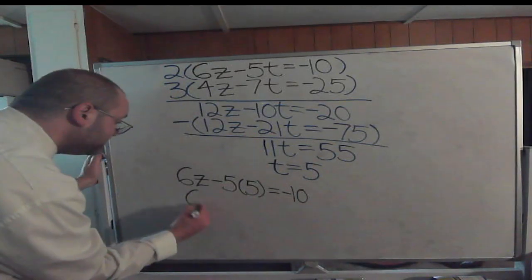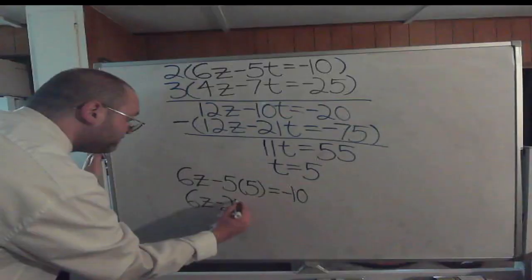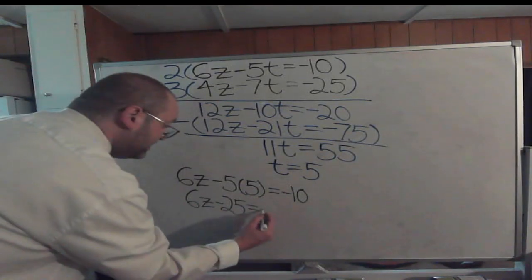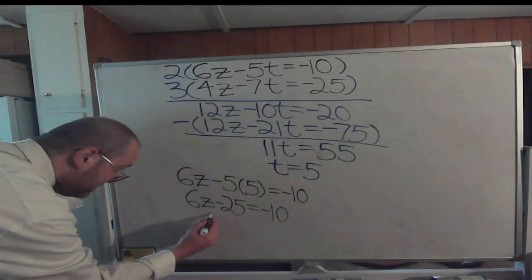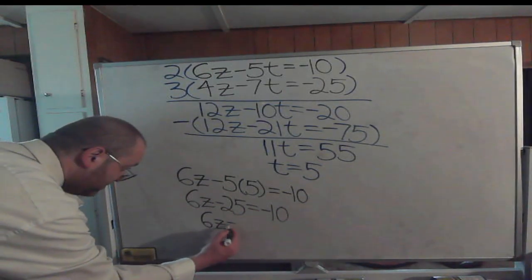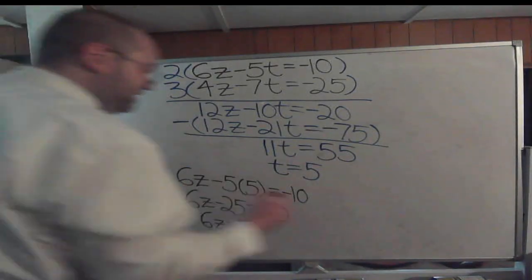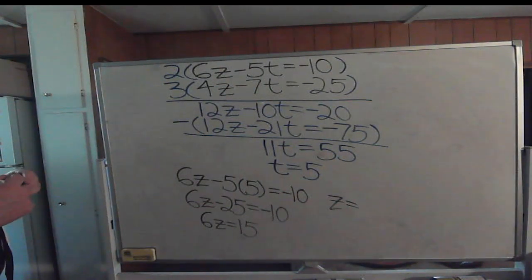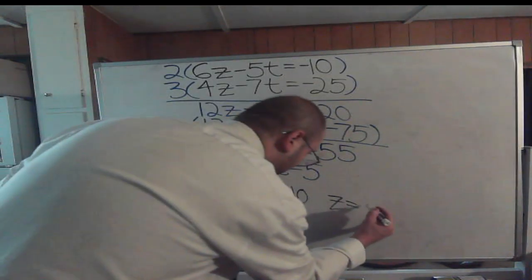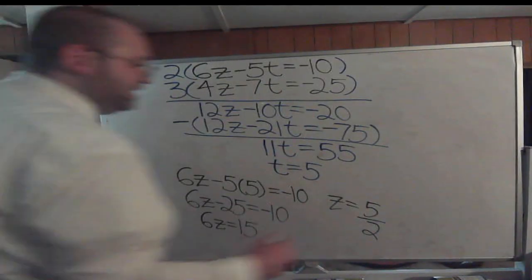That means you'll have 6z minus 25 equal to negative 10, which means you would get 6z equals 15. Well, 6z equals 15, z would equal 15 divided by 6, which they both have a common factor of 3. That would give you 5 halves. So the z value of the coordinate's 5 halves.